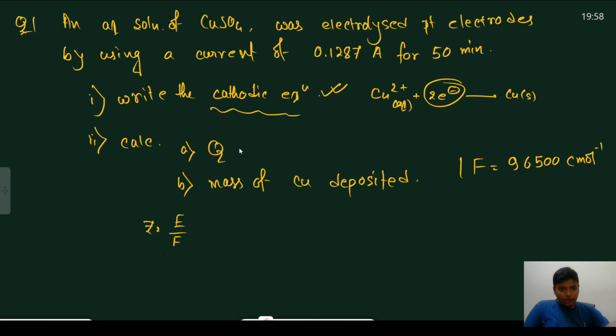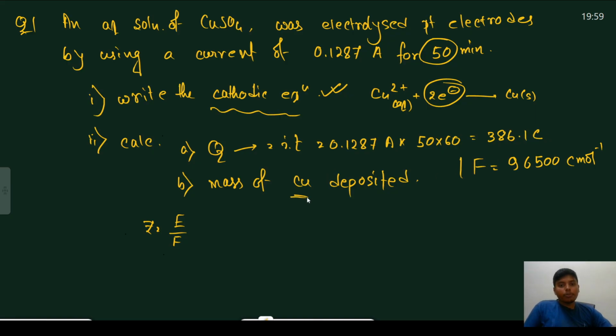First calculate Q. Q equals I into T. The I value given is 0.1287 ampere, multiplied with T. T is 50 minutes, but remember, we have to take it in seconds. So 50 minutes means 50 into 60, which is 3000 seconds. If you calculate all of them, you will get 386.1 coulomb.